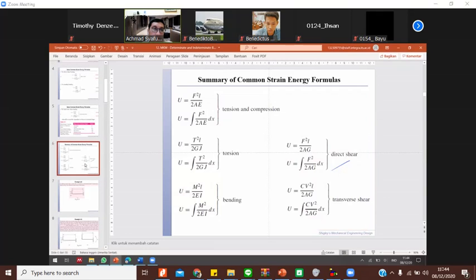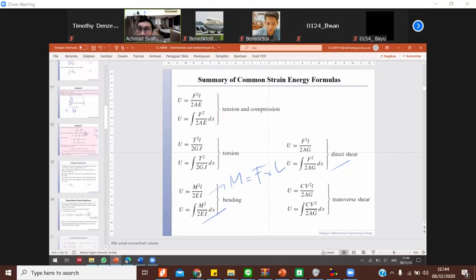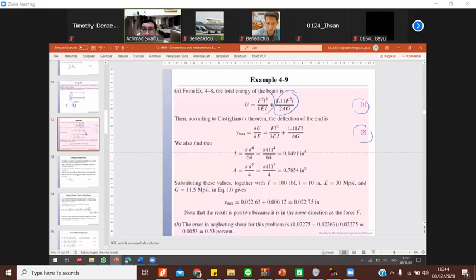M is equal to X times the force, and the direction. So after we get the total strain energy, then we take the derivative with respect to the force, not with respect to the moment.